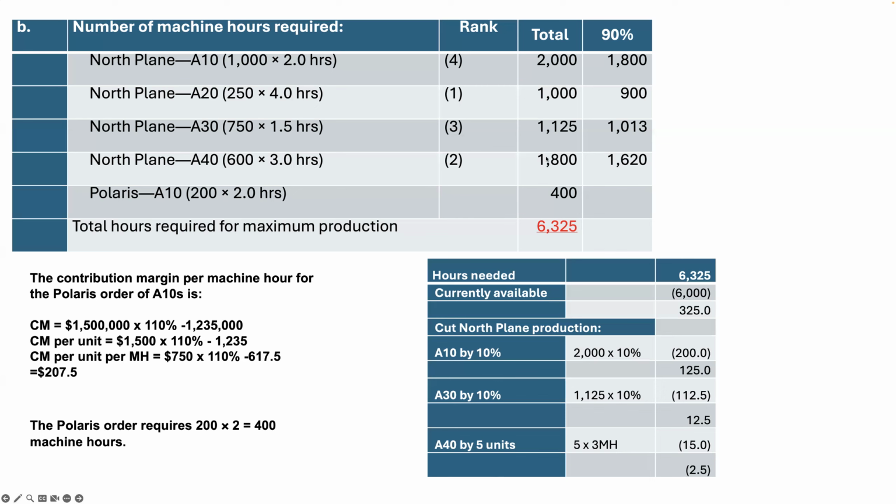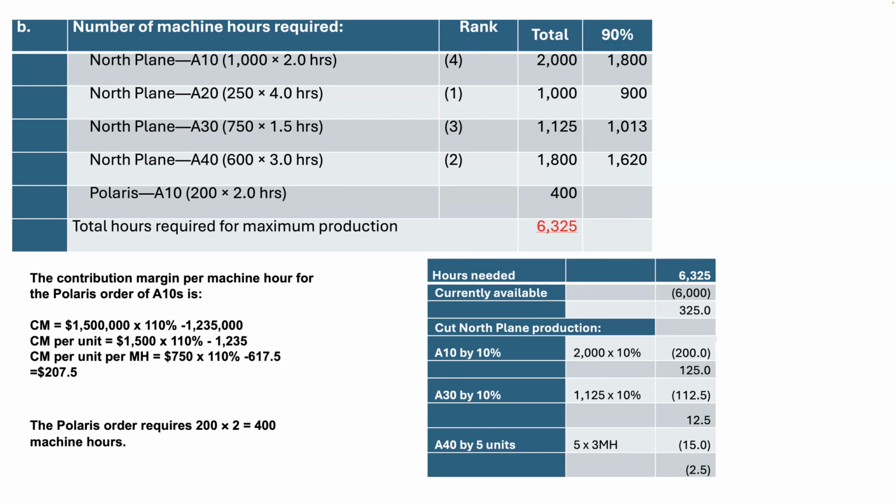Now if I add them up, assuming I still keep supplying North Plane at the same level, and with the addition of Polaris, the 400, together I will need 6,325 hours.